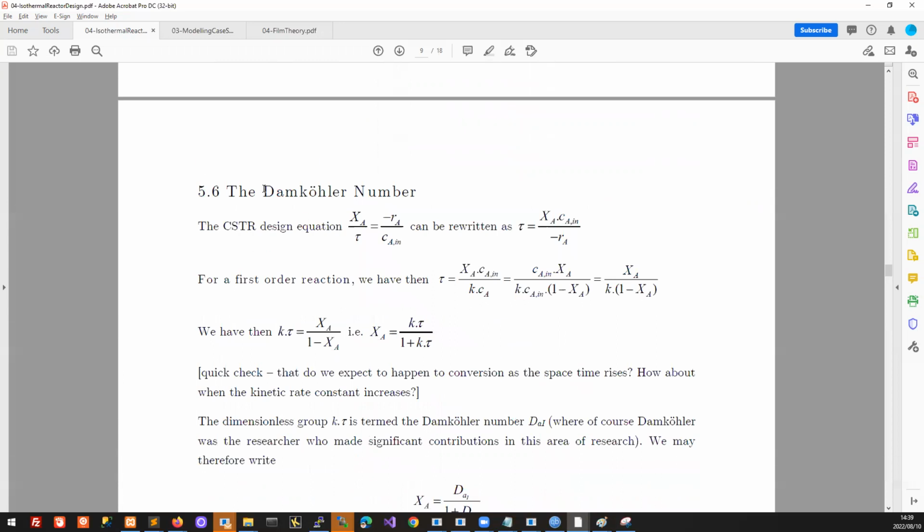There is this useful number to bear in mind, the Damkohler number. It's something like the extent of the reaction. The Damkohler number is defined as your rate constant times your space time. In the case of a first order reaction, this number is dimensionless: K is per second and tau is seconds.